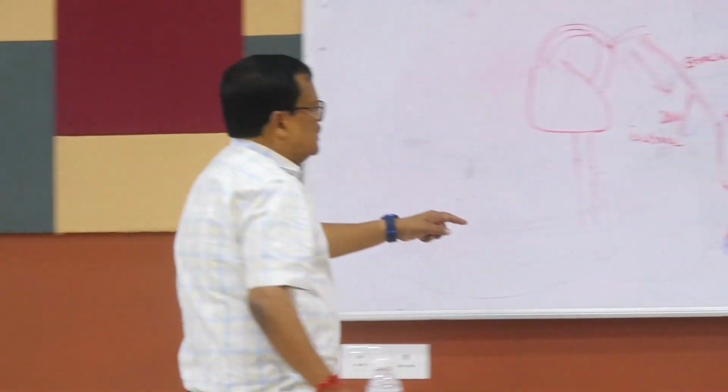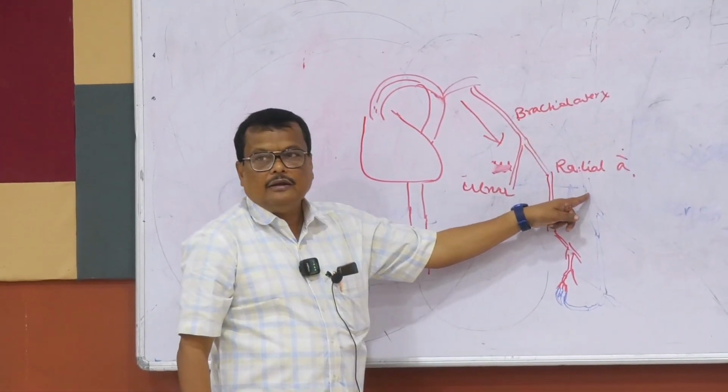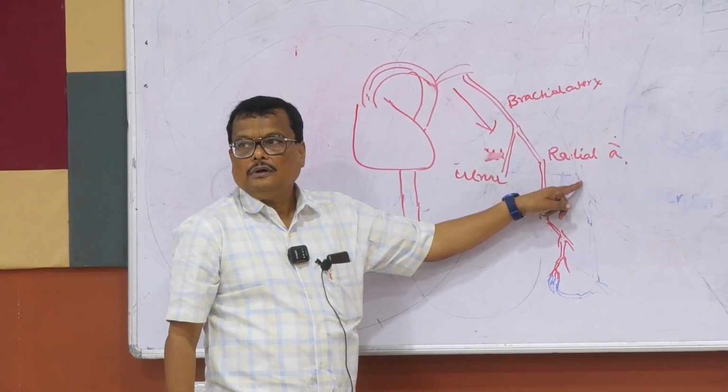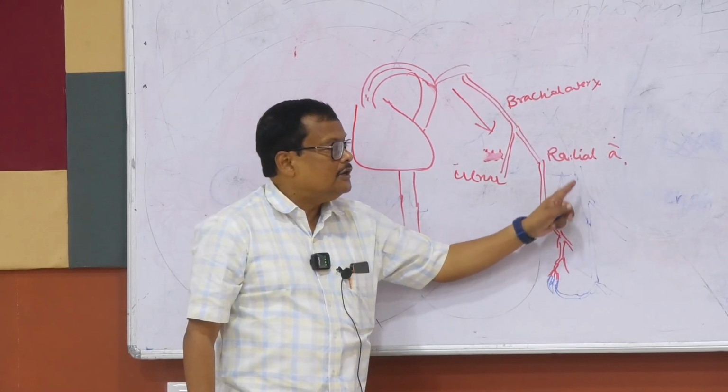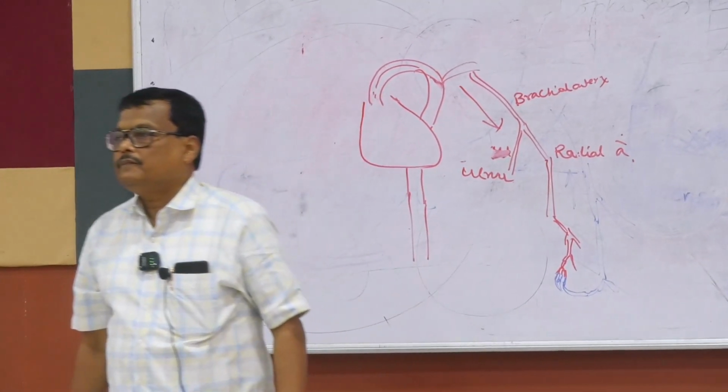We call it, suppose, the brachial vein. These are the tributaries of the brachial vein, right? Tributaries. If you say the radial vein is a branch of the brachial vein, total zero marks. The radial vein is the tributary of the brachial vein.